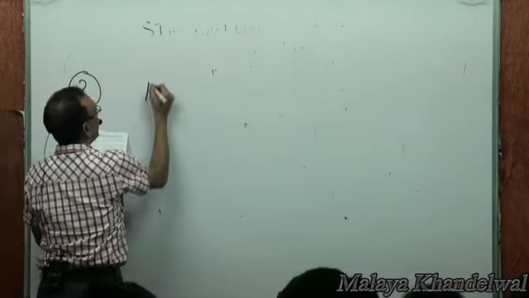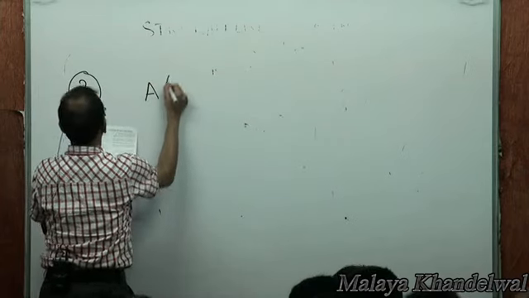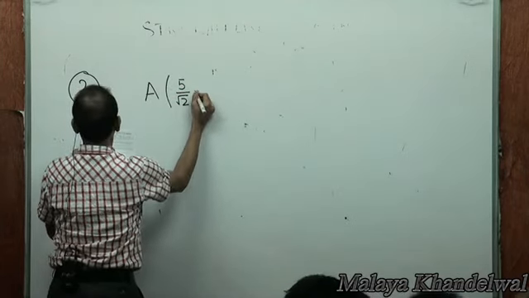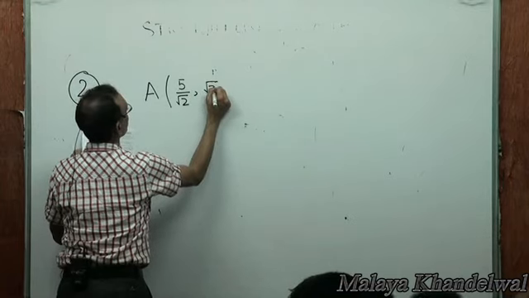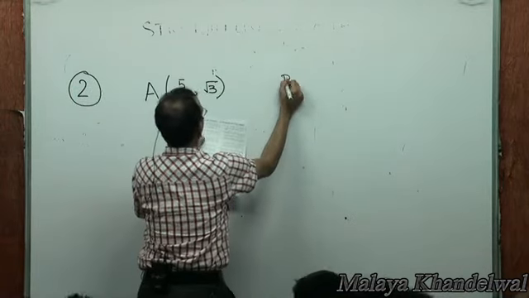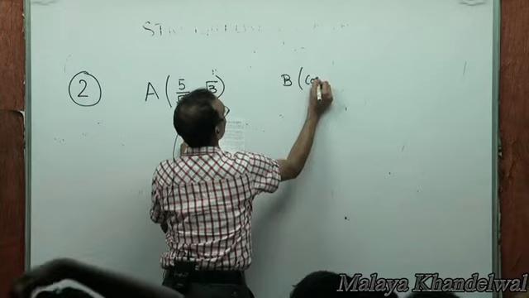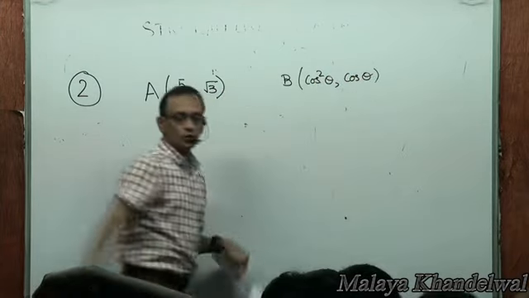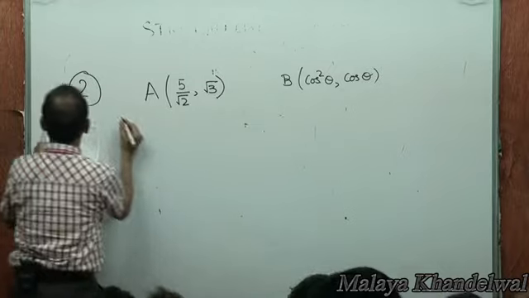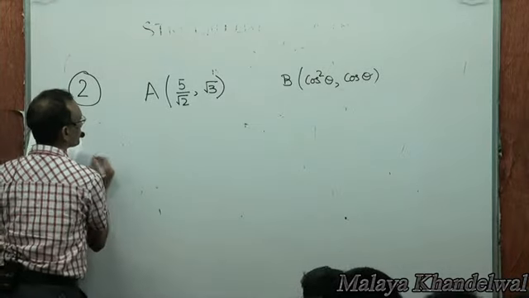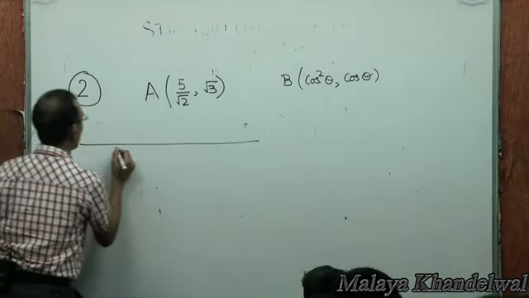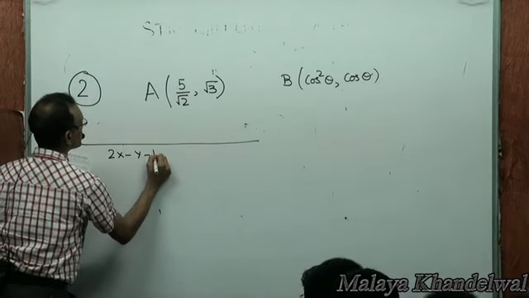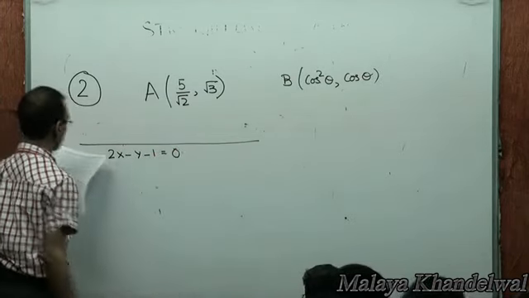A point A, 5 by root 2 comma root 3, and a point B which is of the form cos square theta comma cos theta. These 2 points A and B are known to lie on the same side of the line 2x minus y minus 1 equal to 0.